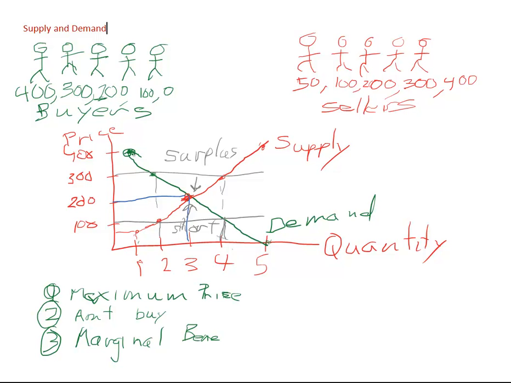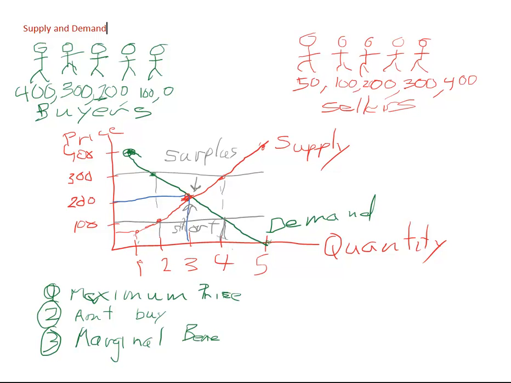So the demand curve shows the additional value that each person places. The first person, additional value, he's willing to give up $400 worth of other stuff. Second one, his additional value is 300. Third one, additional value 200. Fourth one, additional value of 100. Notice we rank these from the person who values it the most down to the person who values it the least. Like this person is not willing to pay anything for it.